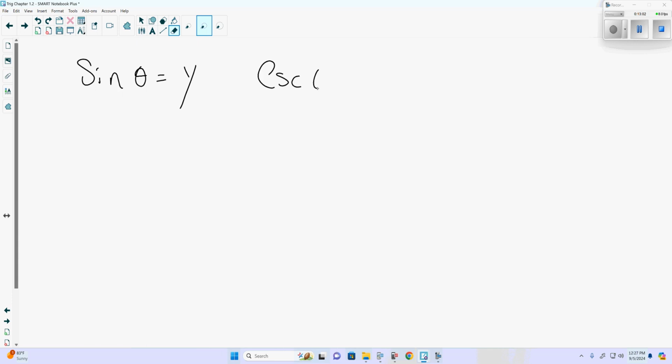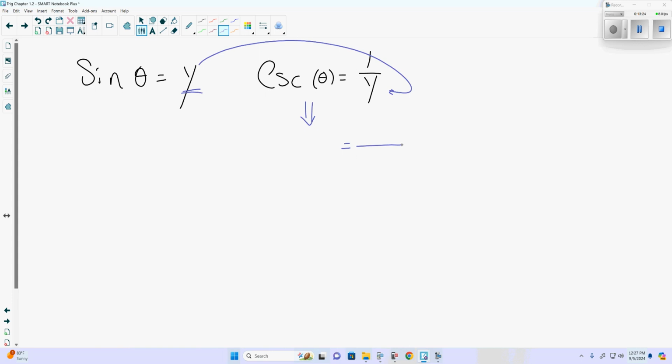Cosecant of that same angle is equal to 1 over y. Well, doesn't that just mean that, since sine is equal to y, I can replace that y with sine?